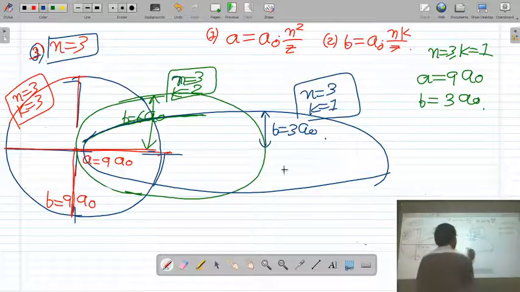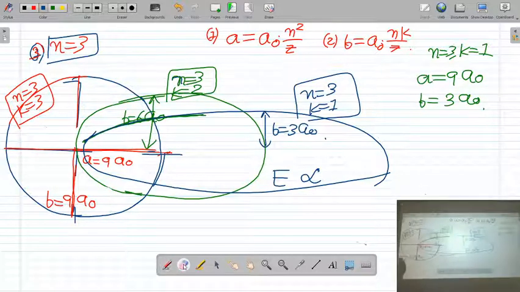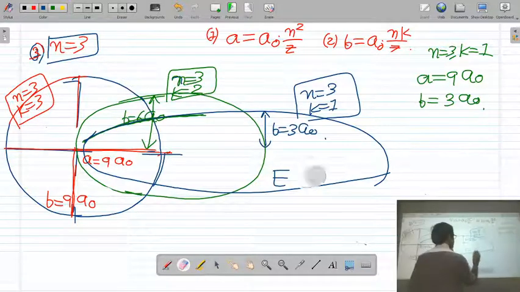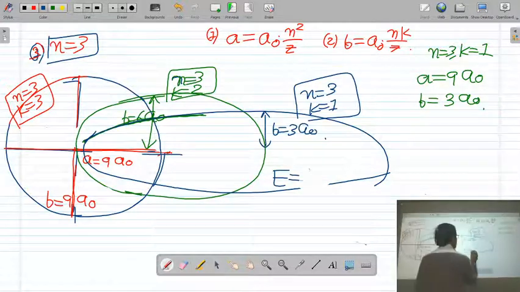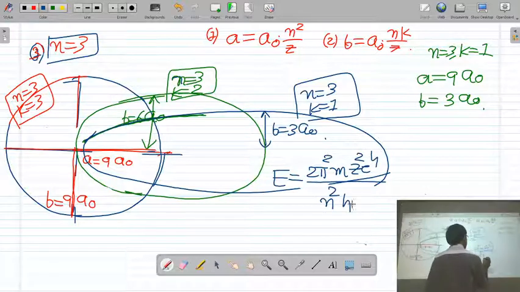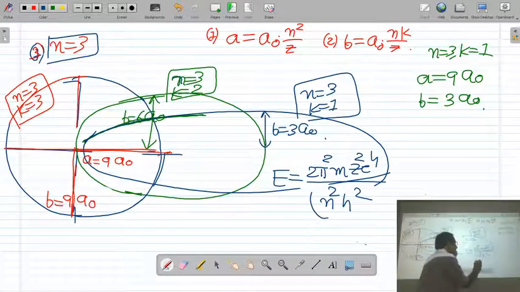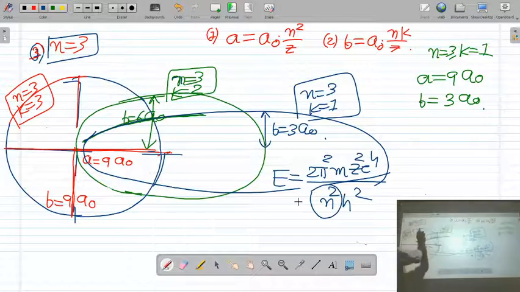But you know the energy equation we have just derived: E equals minus 2 pi square m e to the fourth Z square upon n square h square. Energy depends only on the principal quantum number n. So in all these three orbits, the energy of the electron is same.